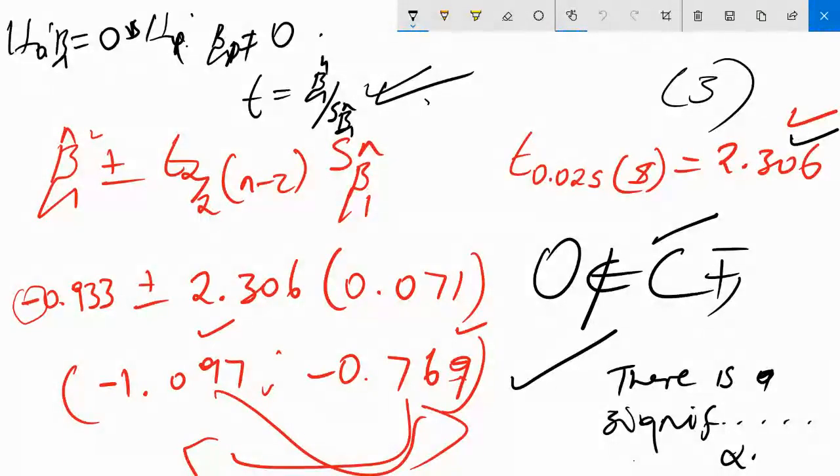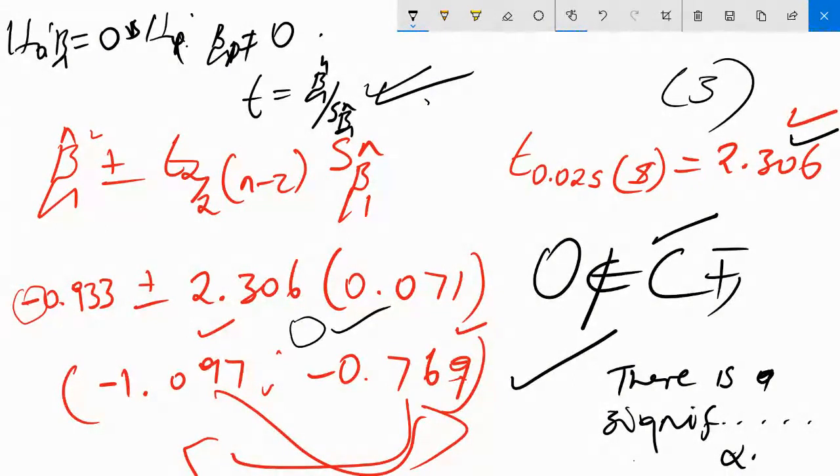Now, if you look at our confidence interval, it does not contain 0. 0 is not part of the interval. And that tells us that there's no chance that at the 5% level, beta 1, the slope, can be 0, because it's not in the interval. If it was in the interval, we would say a different thing, that there is a possibility that at 5% the slope can be 0.